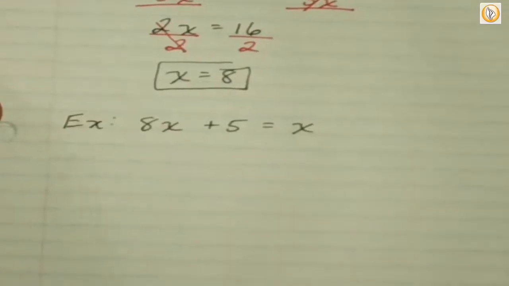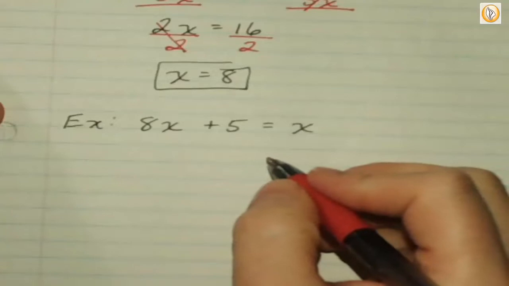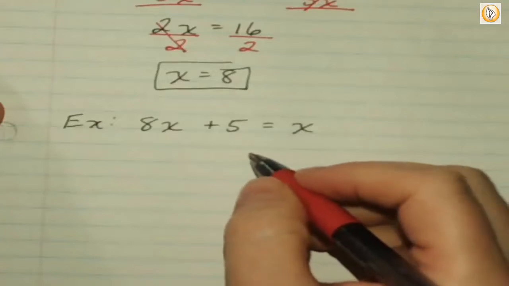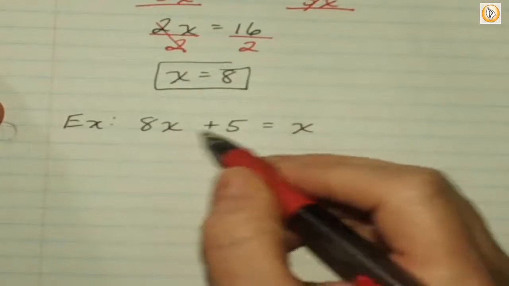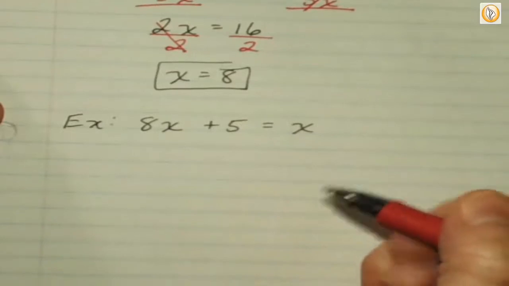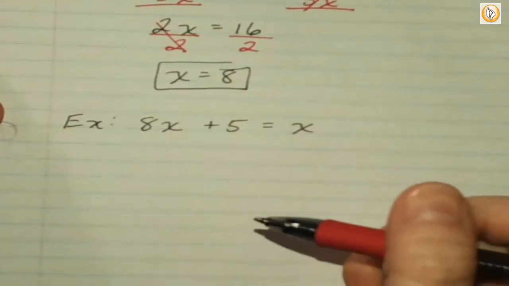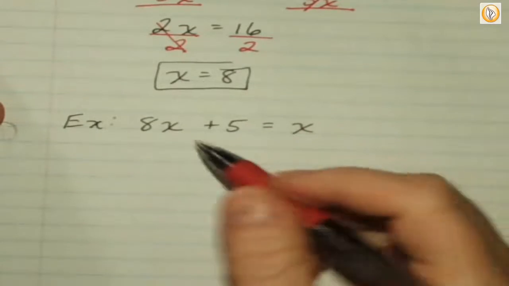Joseph, how would I do this? Subtract 8x to both sides. We want to try to keep the variable over here. So what can I do? You could add 8x to both sides.